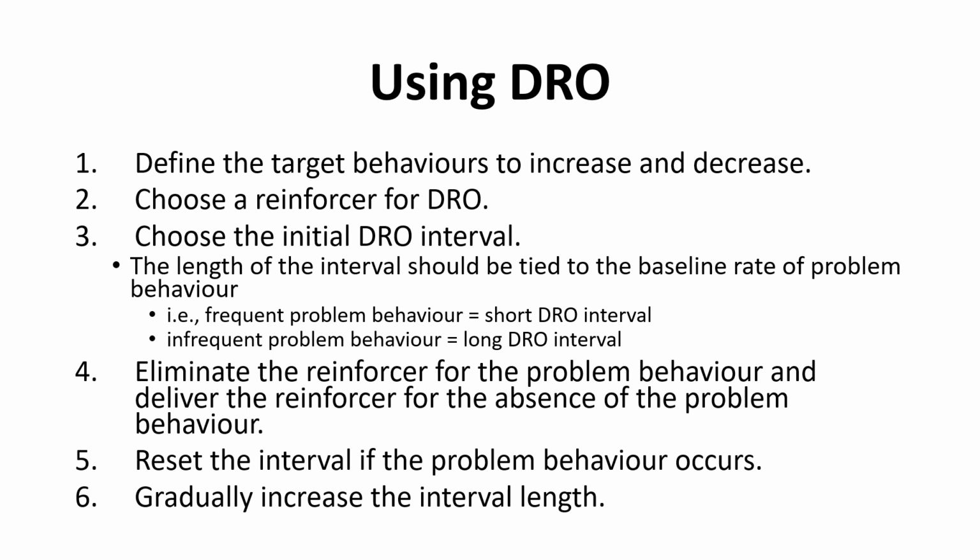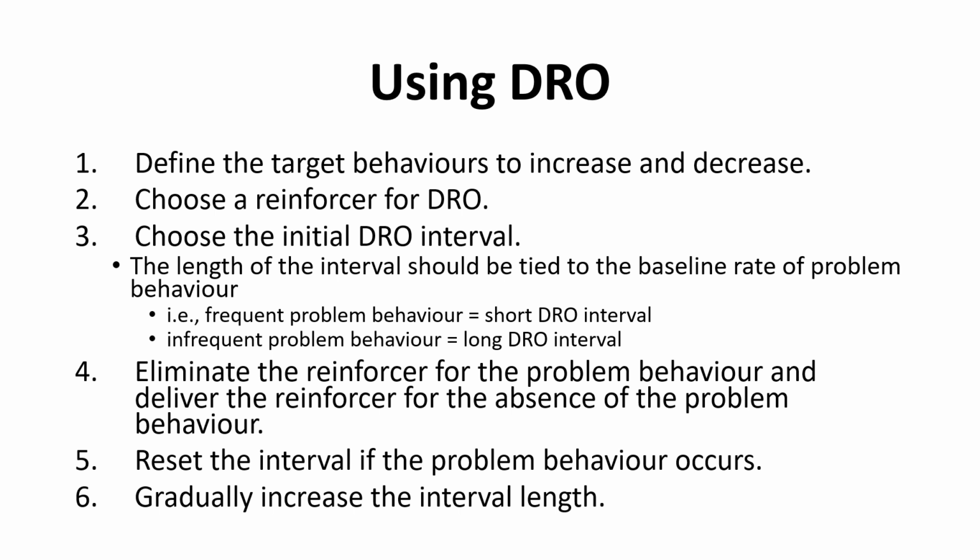Number 5 here is the idea that we would reset our interval if the problem behavior does happen to occur. So if the child starts sucking their thumb, you stop delivering that reinforcement. And then we would start our interval of, say, 5 seconds that need to go by where they're not sucking their thumb before the reinforcer can be delivered again.